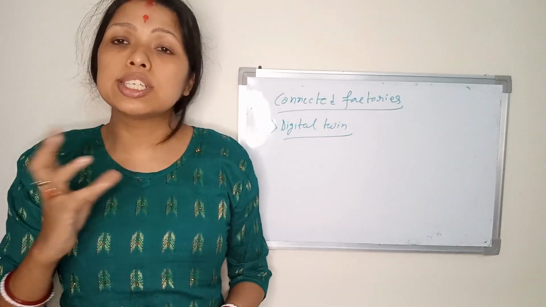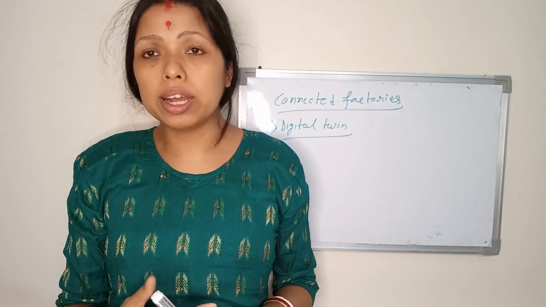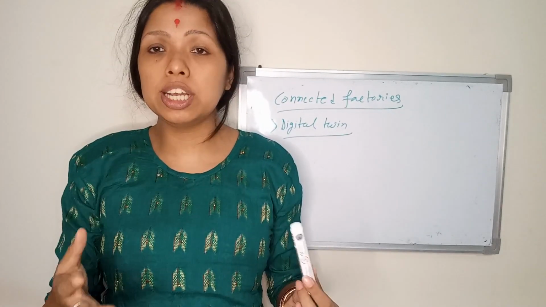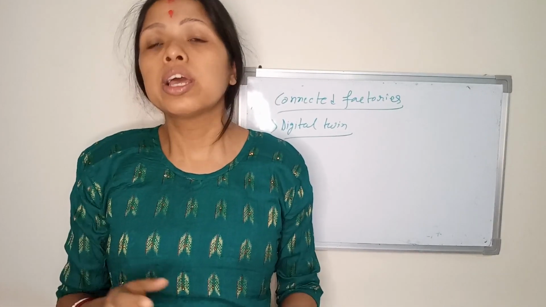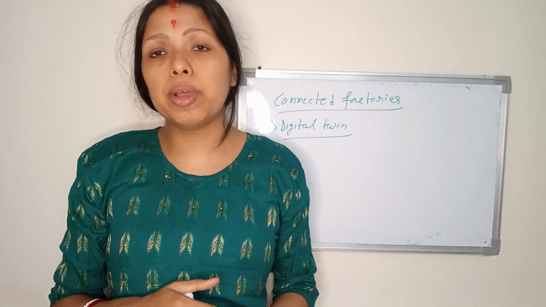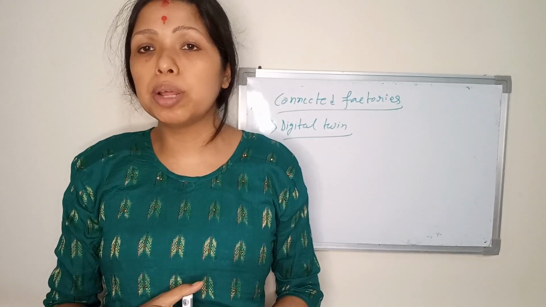So the same kind of machine you can build, and you can do some innovative work with the machine for getting other innovative ideas. You can do some experiment on that digital machine and you will get some innovative idea.